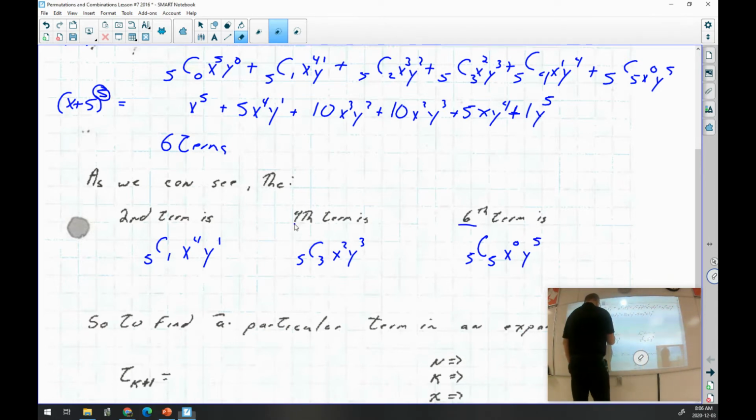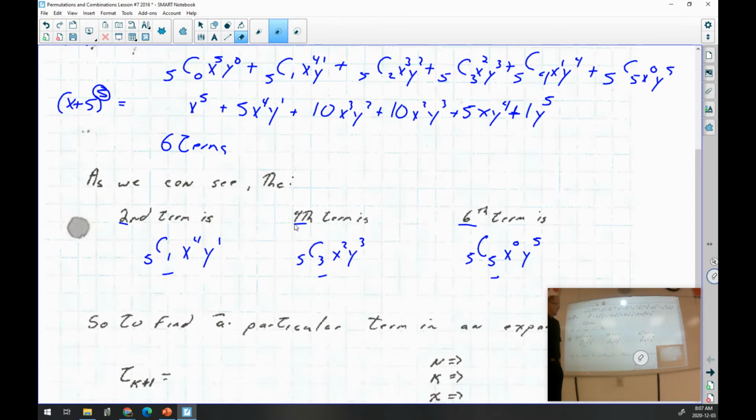Notice how the fourth term, second term, sixth term relates to the k value of the constant for that expansion. And notice again how it relates to the exponent of the second term within that expansion. The term is always one more than these two numbers that I have underlined in each expression.